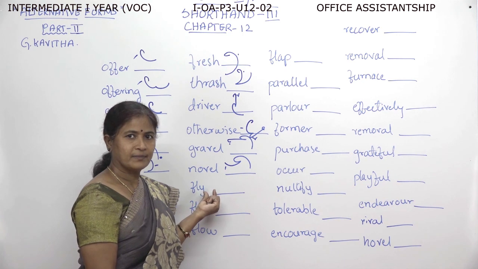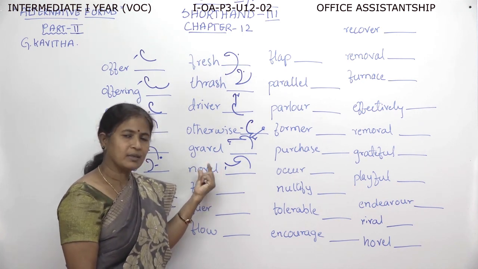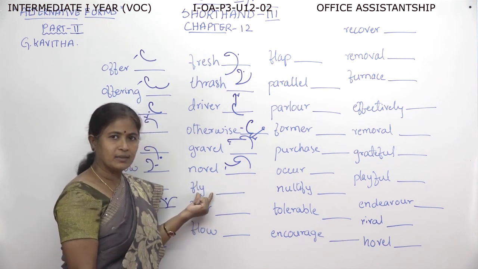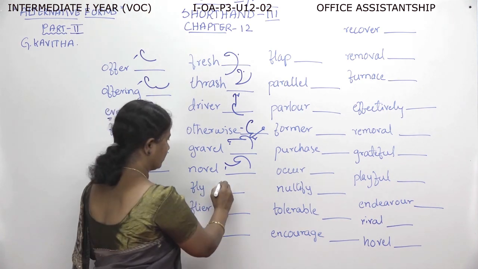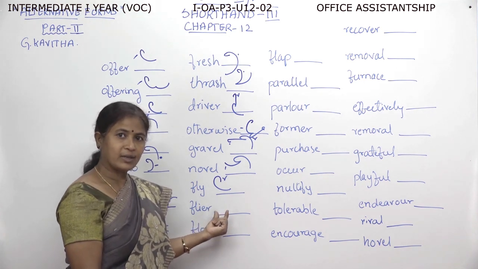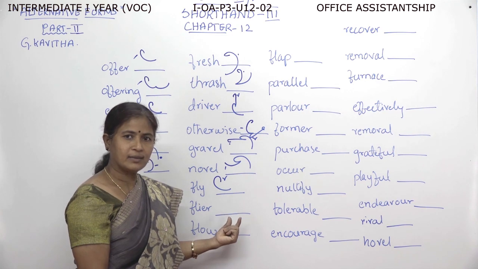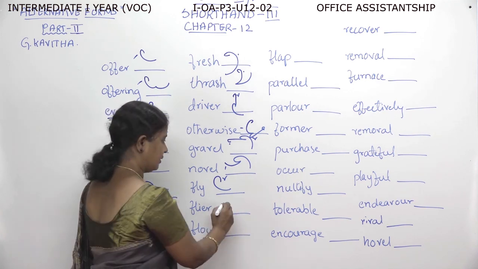Fly. Except for straight strokes and horizontal strokes, in all remaining cases we use left forms of fl. Now fly: there is no straight stroke and no horizontal stroke, so we use the left form. Flyer: adding R to it. Now which R do we write? Downward R. Why downward R? Because there is no vowel after R. We write downward R. Flyer.